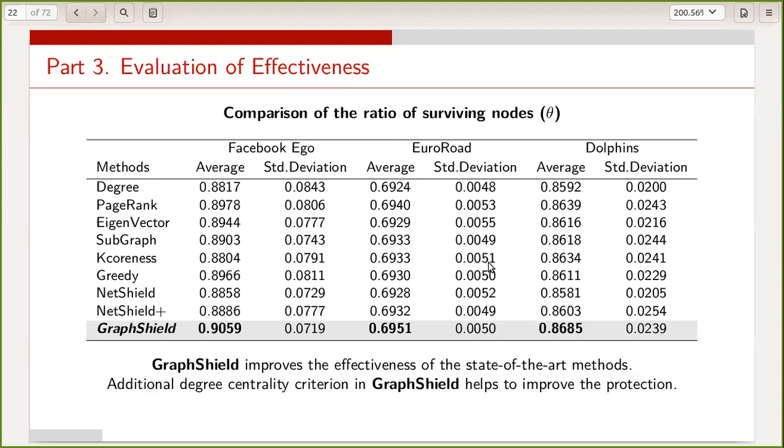And what we found is that from the NetShield, we have an additional improvement of the ratio of surviving nodes. Not that much, because it left some of the highest degree nodes as well. Right?